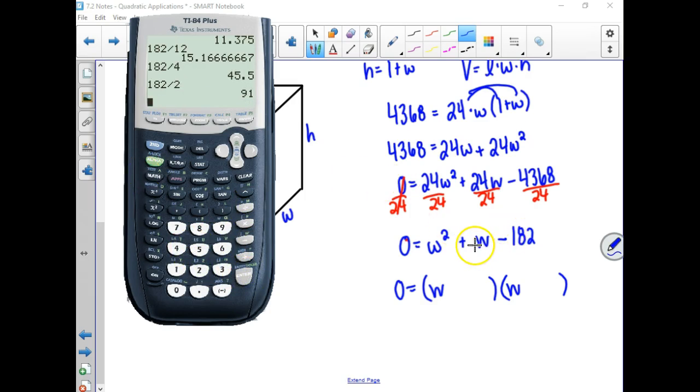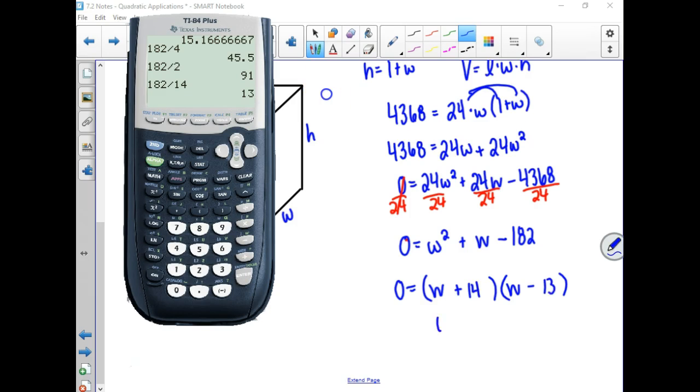Let's try 14. 182 divided by 14, that works. 14 and 13. So I'm going to say plus 14 minus 13 here.